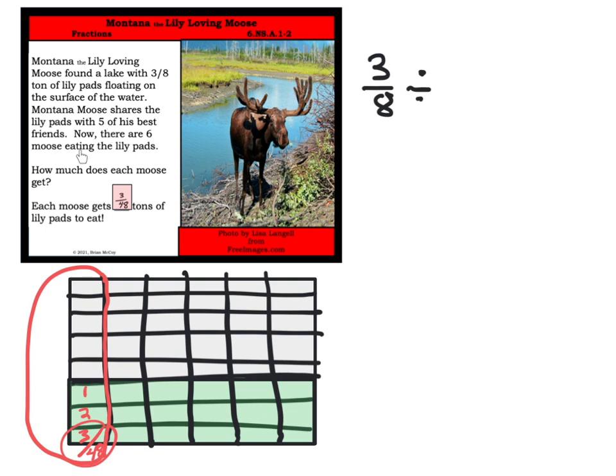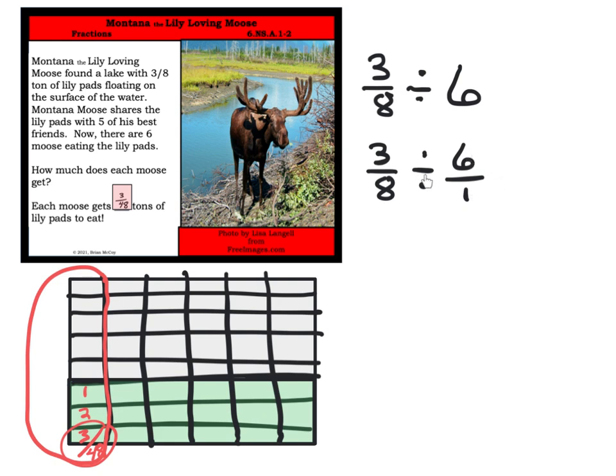So there are 6 moose in all eating it, because you've got Montana too. So, divided by 6, the first thing you have to do is convert that into a fraction. So I'm going to go 3/8 divided by 6/1, and that is an improper or top-heavy fraction because my numerator is bigger than my denominator.